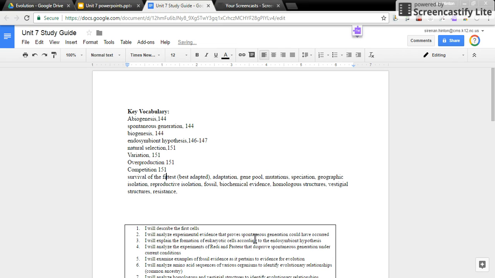Competition on page 151 as well. Competition is the fact that you have more organisms than can survive. They will compete for resources such as food, mates, shelter. Survival of the fittest on page 151.